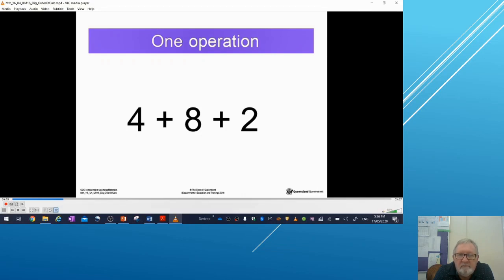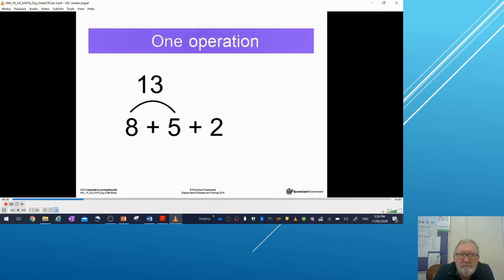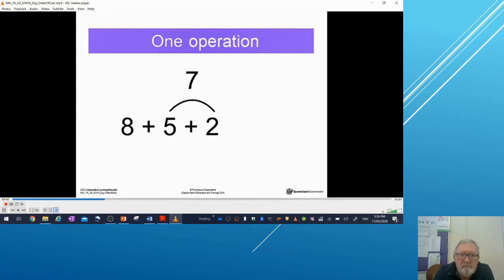The answer will always remain the same. Let's look at what we know. 8 plus 5 plus 2. 8 plus 5 gives us 13. Add the 2, which equals 15. Or 5 and 2 gives us 7. Add the 8, which equals 15.